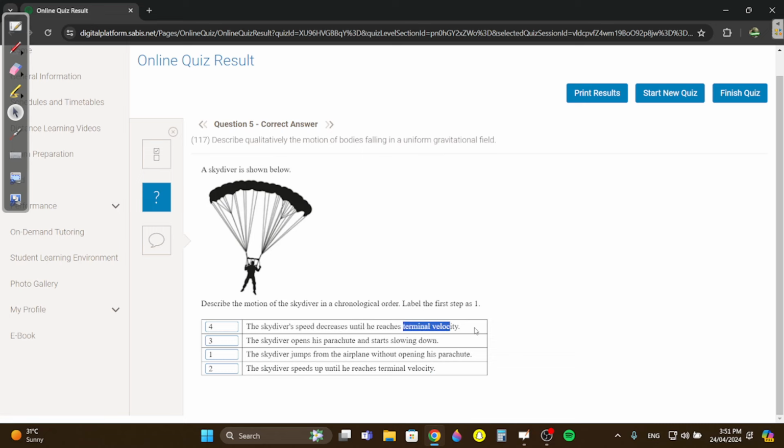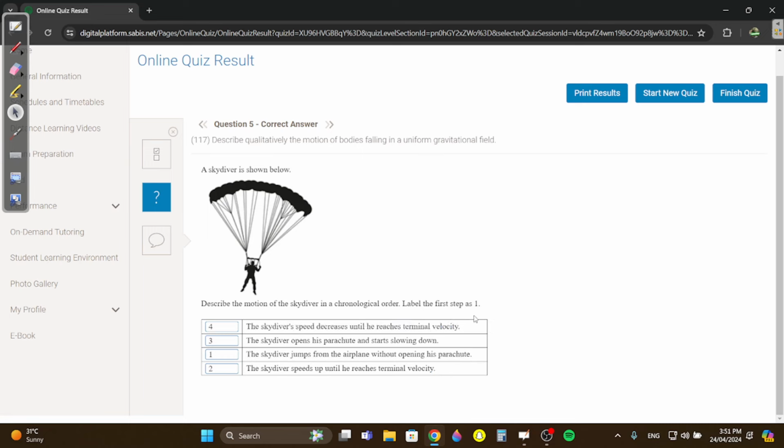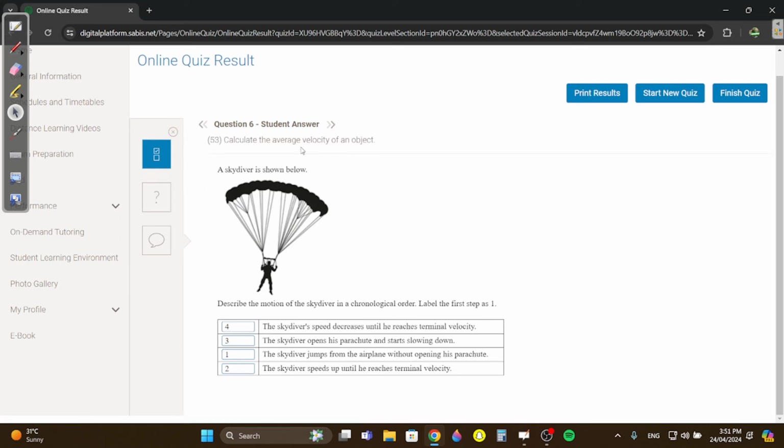Terminal velocity, if you forgot, is the velocity that's constant. At some point you increase your speed to a point where you can't increase anymore. That's your terminal velocity, the maximum. In this case, with the parachute, you keep decreasing your speed until you can't decrease anymore. It stays at a constant velocity, the terminal velocity.